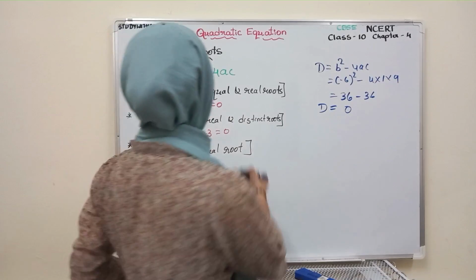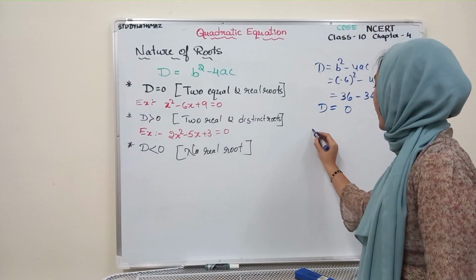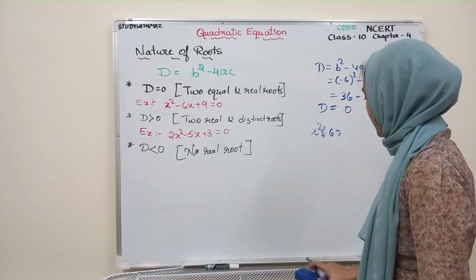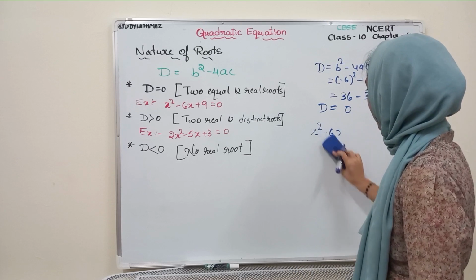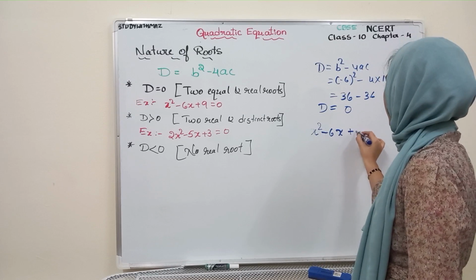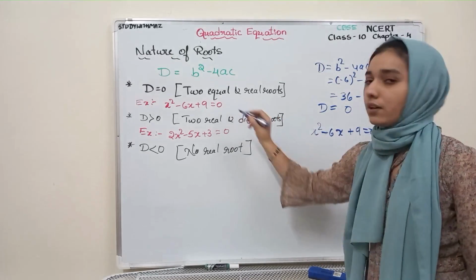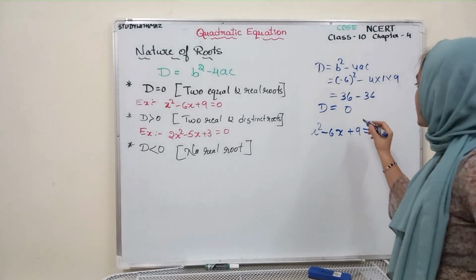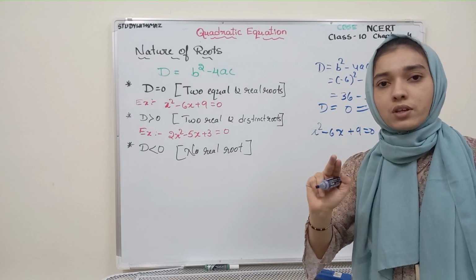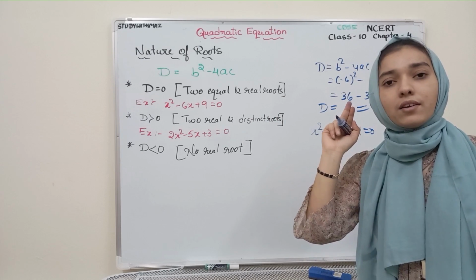Let us find whether it is true or not. x square, sorry, minus 6x plus 9 equal to 0. This is your equation now. So according to this, it should have only 2 roots and they are the same.